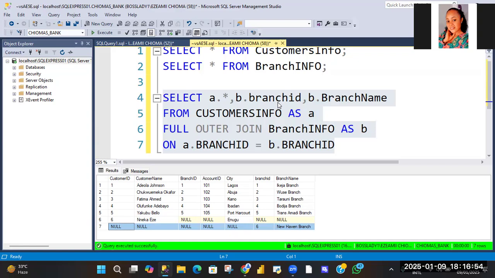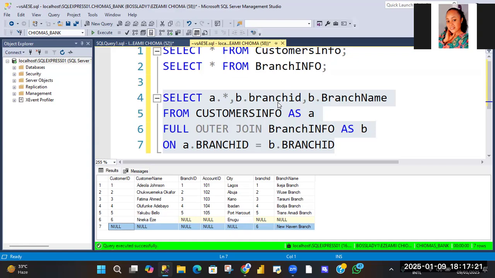So remember that we said for the outer join, it's going to give us everything from table 1, that's table A, and it's going to give us everything from table B. That's full outer join. Then the inner join is going to give us only where they are matching. So that one doesn't return null values because everything we have in A is going to be in B. That's where they are matching.